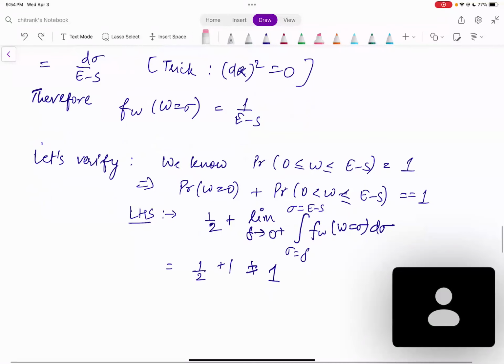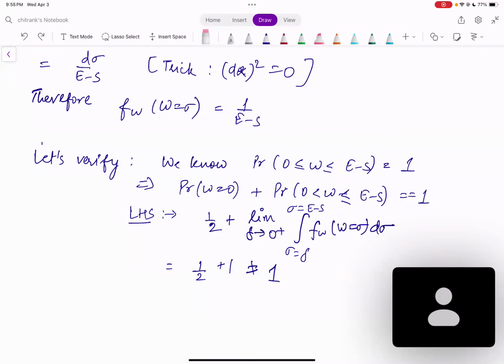Now let's see how we can further calculate this mathematically. Your LHS can be written as half plus this particular limit. Half follows from what we had discussed in the last lecture, that the probability that W is 0 should be half. The other thing is also kind of obvious, although it looks peculiar, because I've introduced a variable delta and I've also put a limit.